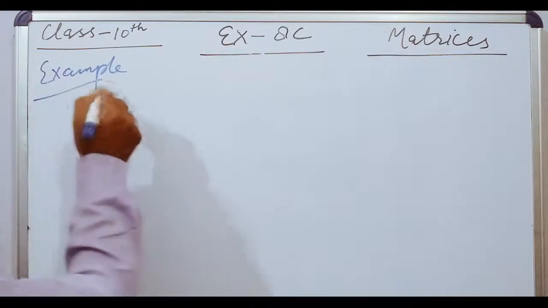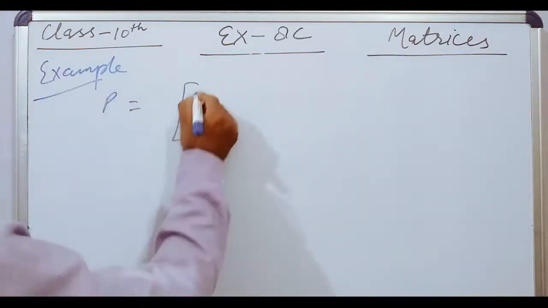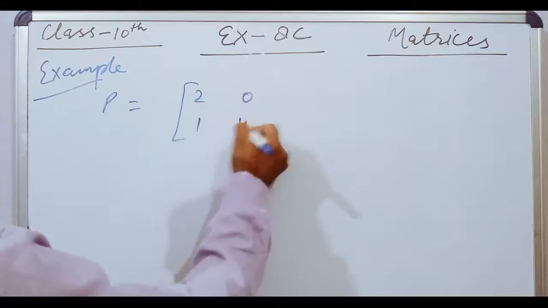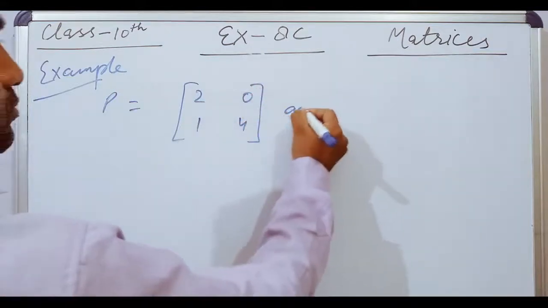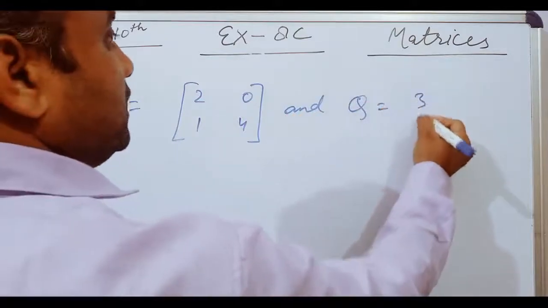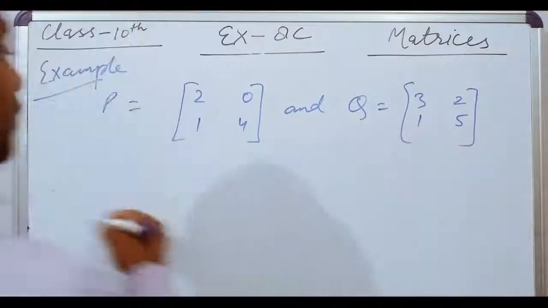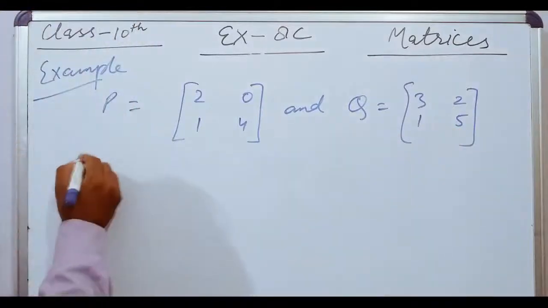Dear student, I am taking one example. P equal to [2 0; 1 4] and Q equal to [3 2; 1 5]. Now we have to find PQ.